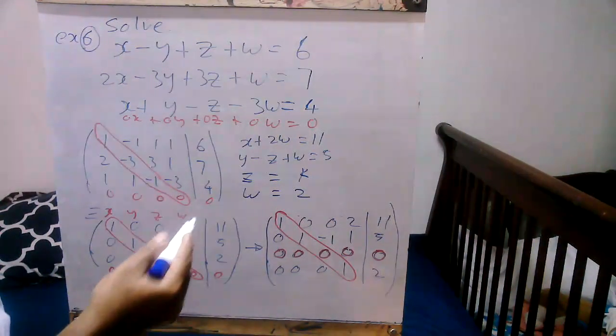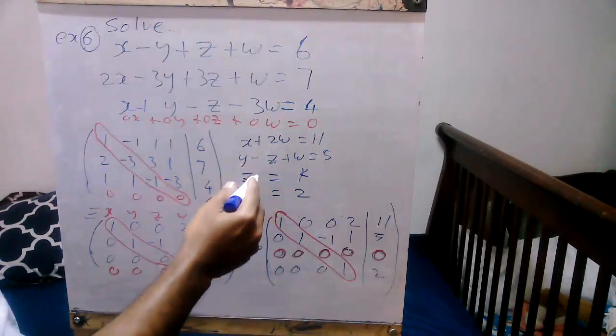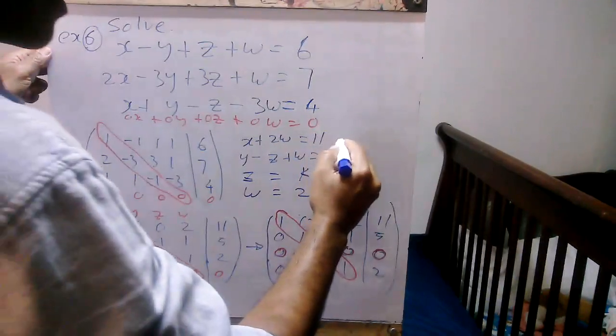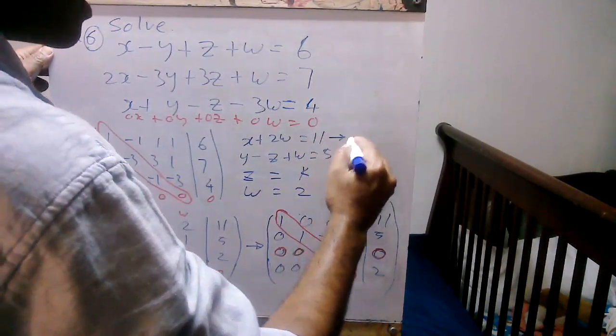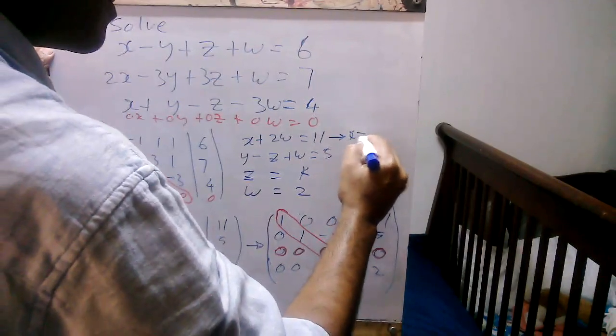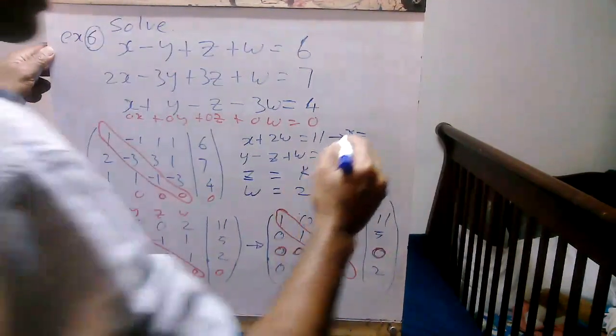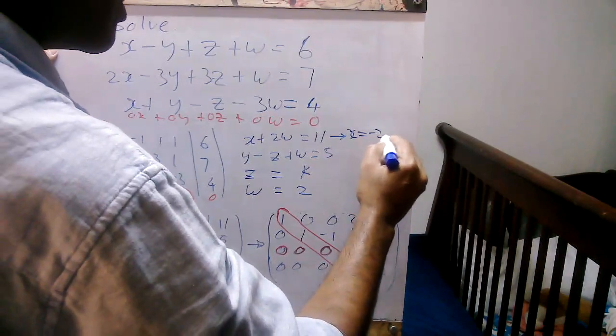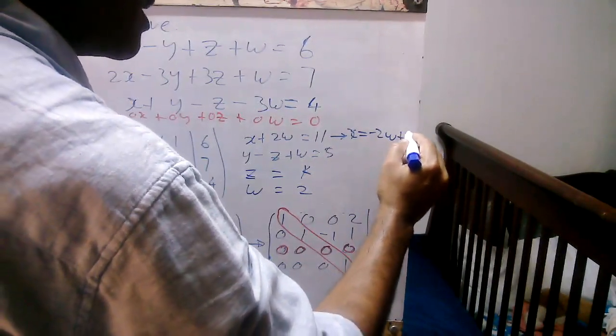Then we can write x and y in terms of z and w. This gives us x equal to negative 2w plus 11.